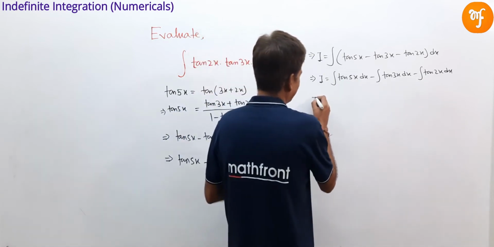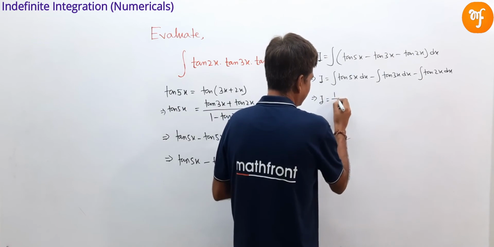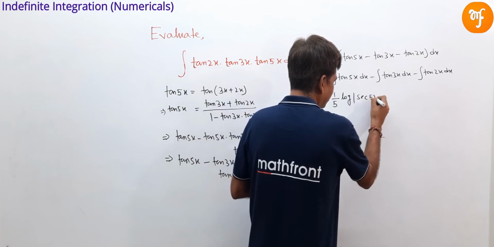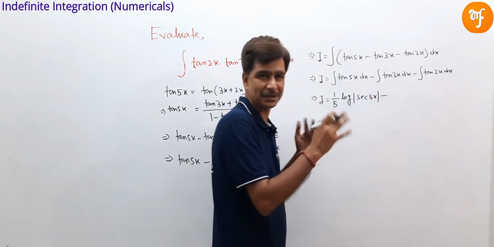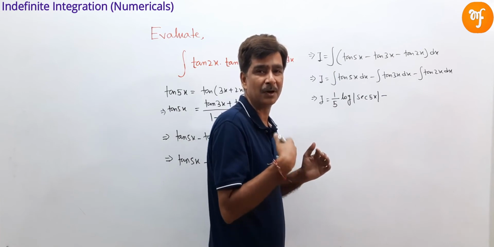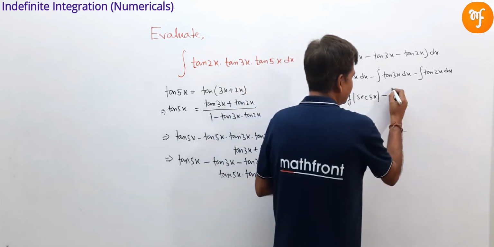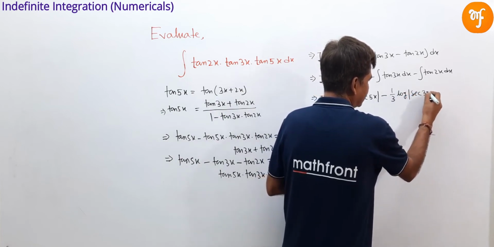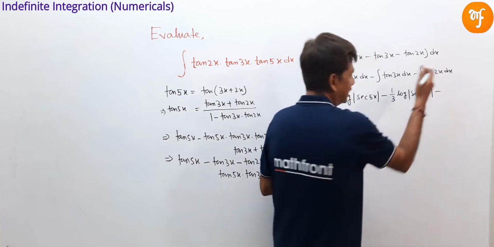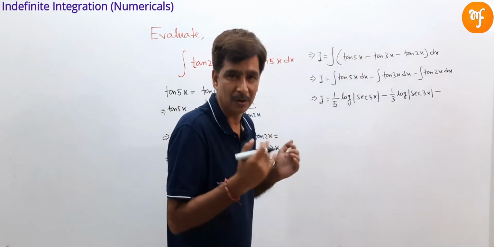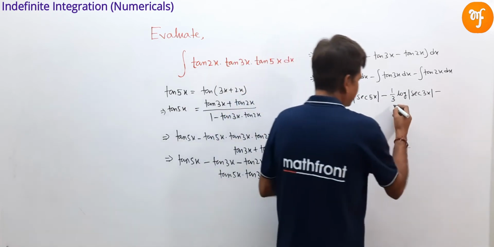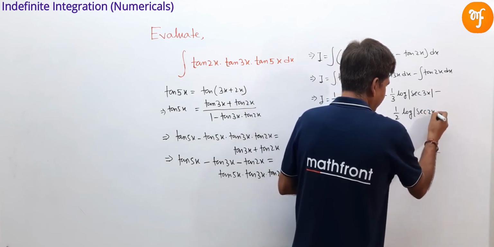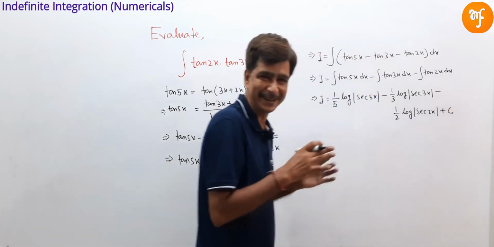So we can write I is equal to 1 by 5 log of mod of sec of 5x minus, similarly, the integration of tan of 3x is 1 by 3 log of mod of sec of 3x, minus the integration of tan of 2x, which will be 1 by 2 log of mod of sec of 2x, plus c, where c is the integration constant.